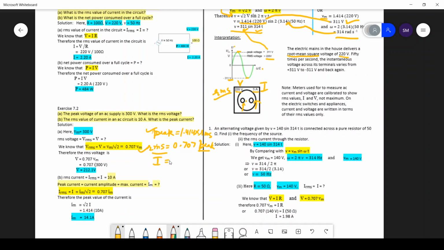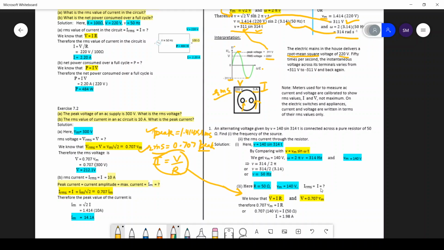RMS current is simply I, and we have the formula V equals IR, so I equals V by R. R is 50 ohm, given to us, and the peak voltage 140 is also given.